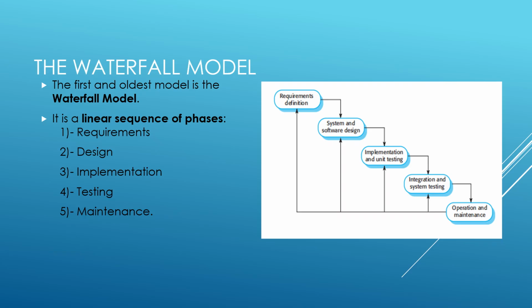Now, if you have any updated requirement at this time, you cannot integrate that updated requirement at this phase of the waterfall model. You have to complete all the five activities, and then you will go back to requirement definition. So this is a major drawback or disadvantage of the waterfall model. The waterfall model best suits projects which are not very complex, which are very easy to implement, and whose requirements are not changing at regular intervals.